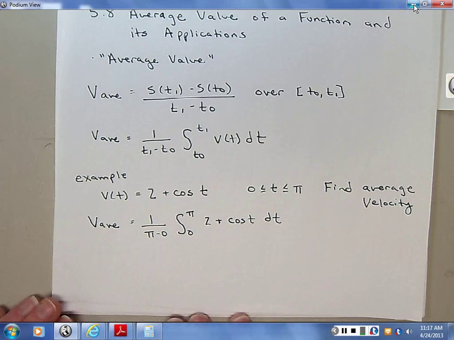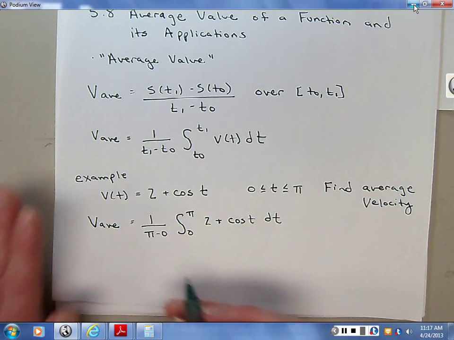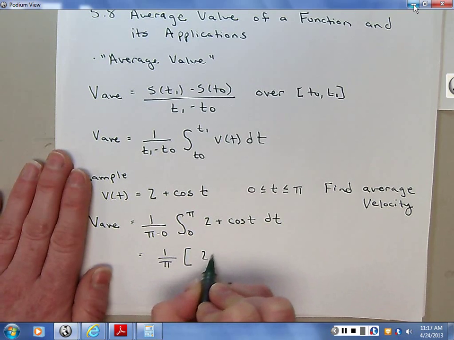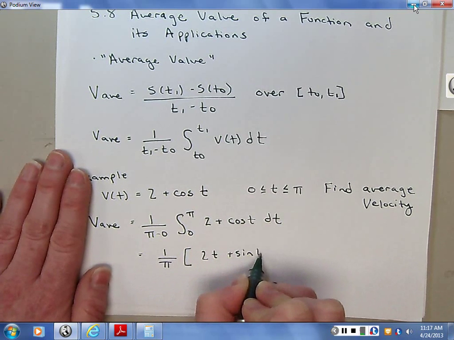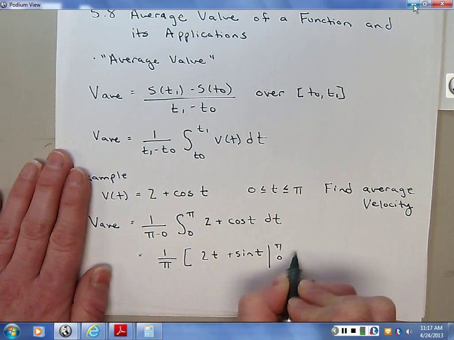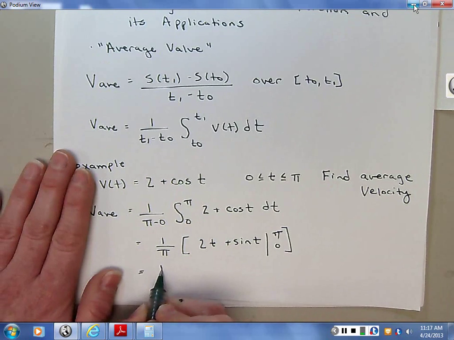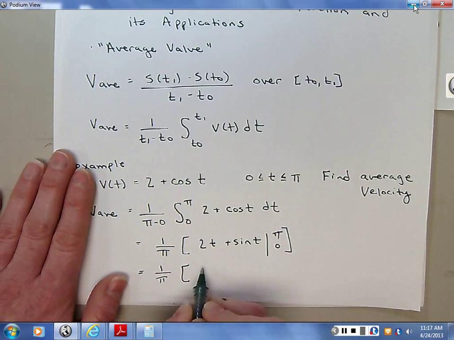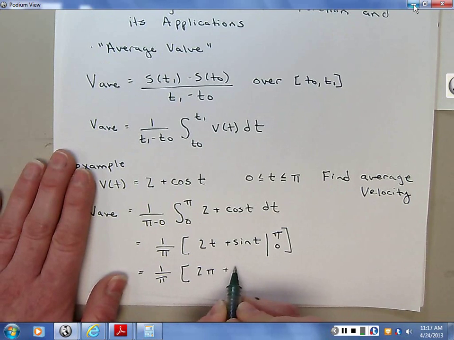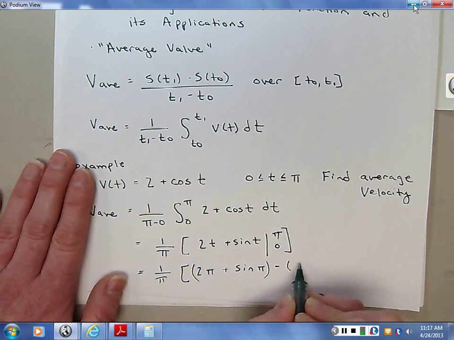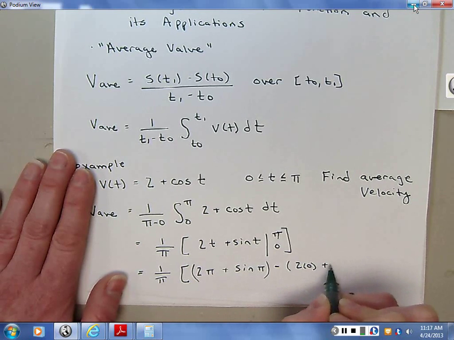Just knowing that you integrate the function and divide by the interval to get the average value of that function. So if I do this, I have 1 over pi, 2t plus sine of t from pi to 0. 1 over pi, 2 pi plus sine of pi minus 2 times 0 plus sine of 0.